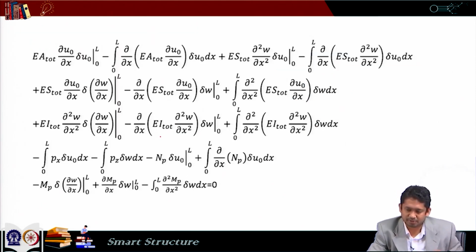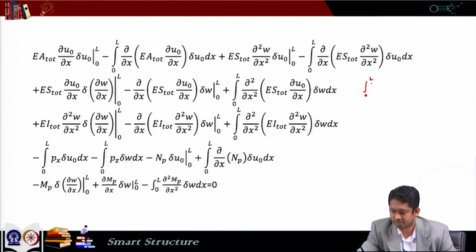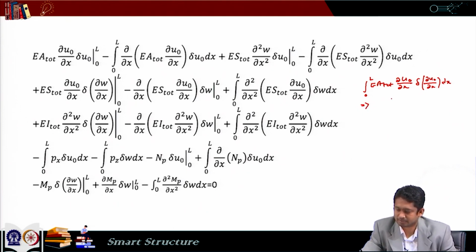If you look at the first term, which was our integral of E A total, if I integrate by parts, it gives me E A total del u 0 by del x multiplied by the integral of this, which is nothing but delta of u 0, evaluated at x equal to 0 and L, and then minus the differentiation of this, del x of E A total del u 0 by del x multiplied by the integral of that, delta of u 0, from 0 to L dx.